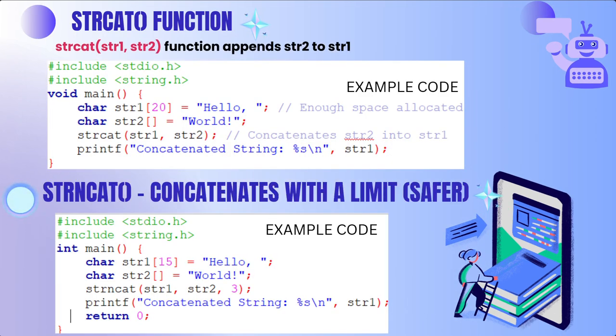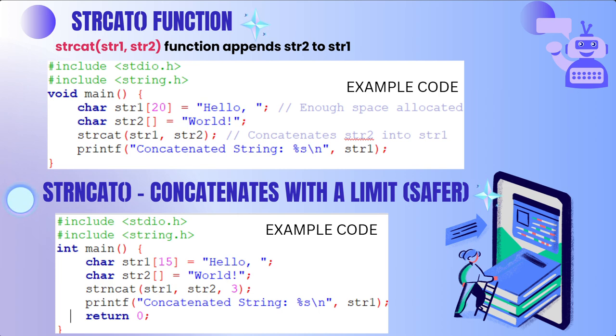Next we have the strcat function and the strncat function. This is again like fgets and gets. Both are used to concatenate 2 strings, but strncat is safer because the buffer size is being considered.